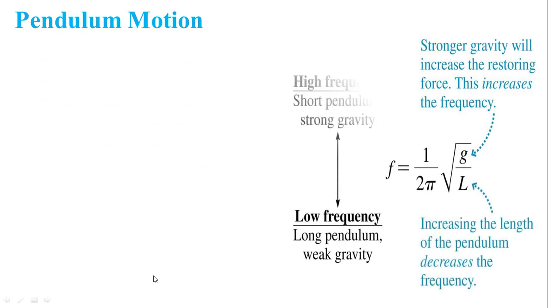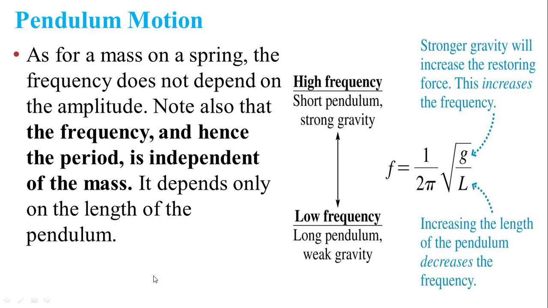Now, looking at the detail of the pendulum motion in this diagram, the frequency does not depend upon the altitude. Note that the frequency, and hence the period, is independent of mass.